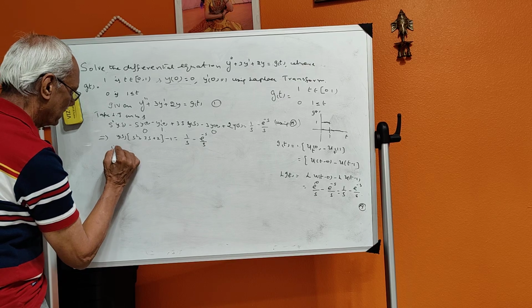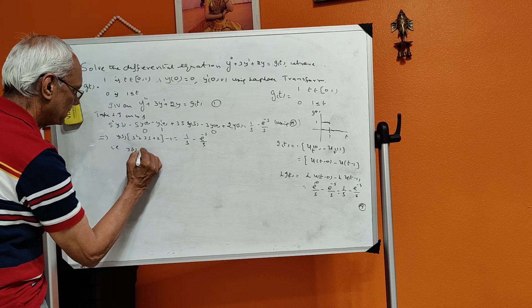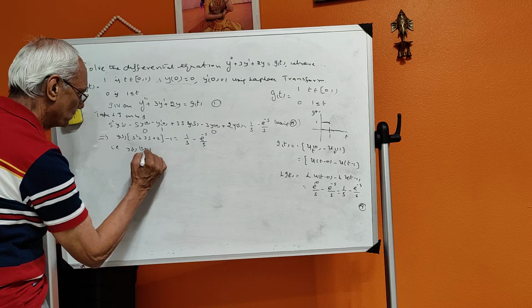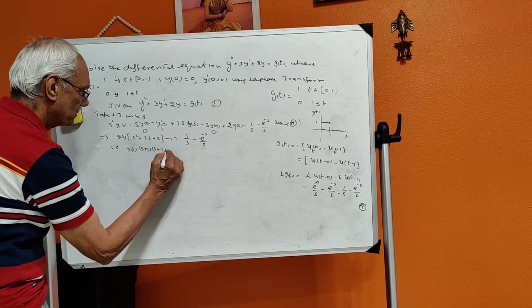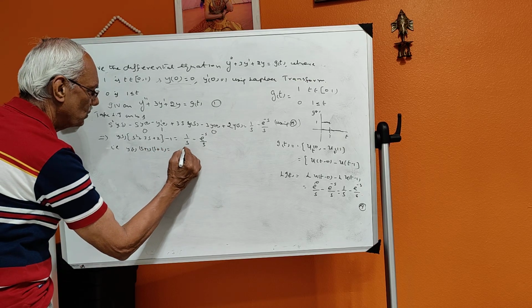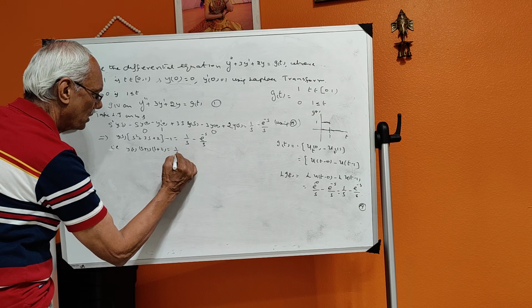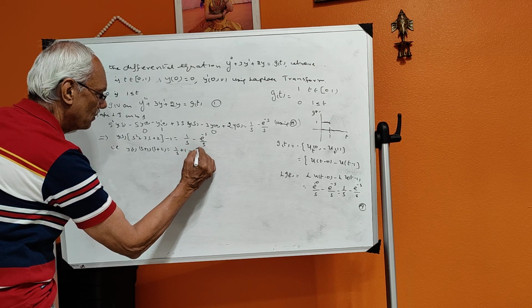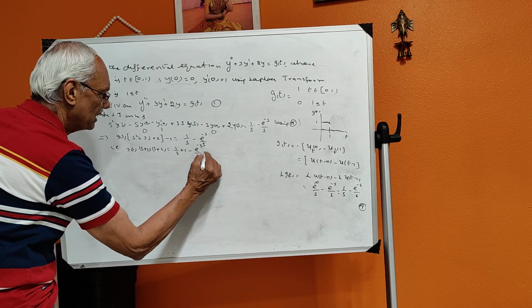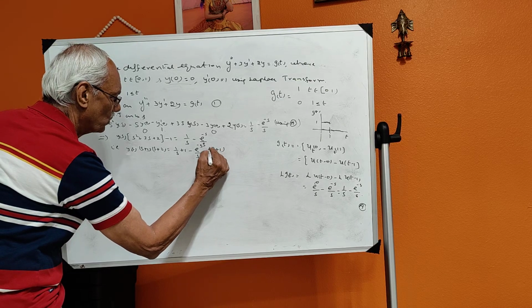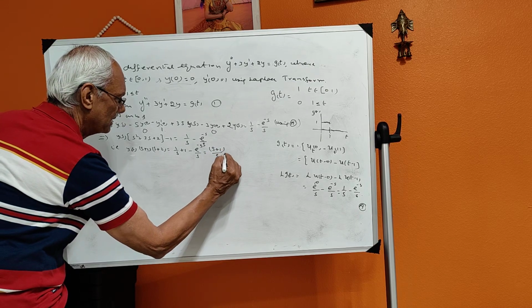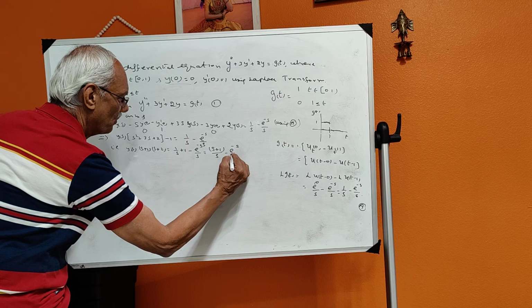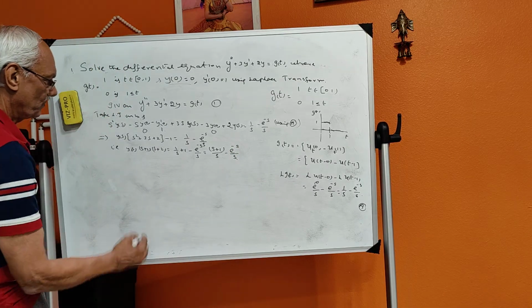That is, Y of s into s plus 1 into s plus 2 is equal to, taking this up, s plus 1 divided by s minus e to the power of minus s by s.